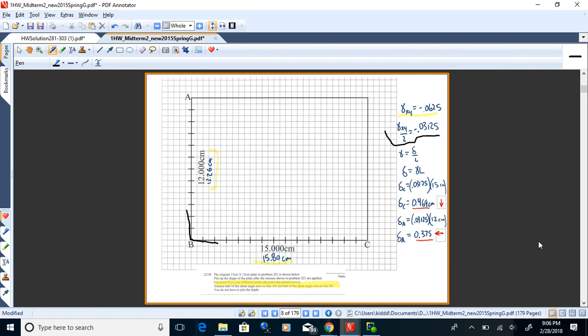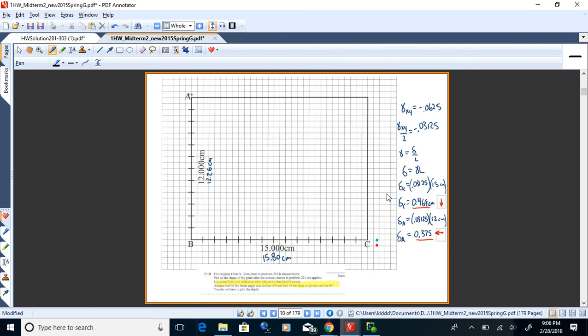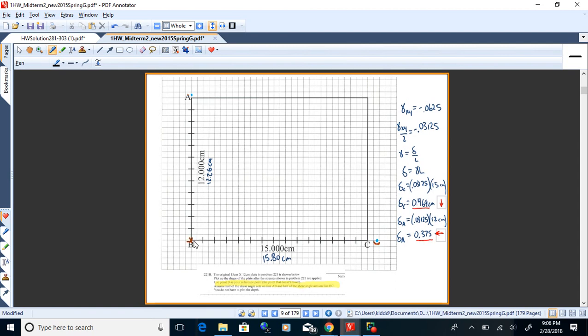Okay. So let's look at how we would draw this up. The first thing we're going to do here is decide on our reference point. It's going to be B. That's the point that I assume does not move. So what's going to happen from B is this 15 centimeter line will become 15.8 centimeters. So C will move out. Now, each centimeter I'm representing with two small boxes. So 0.8 centimeters is one full box, which would be 0.5, that's half of a centimeter, plus 0.6 of the next one.